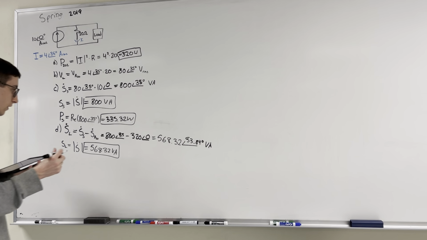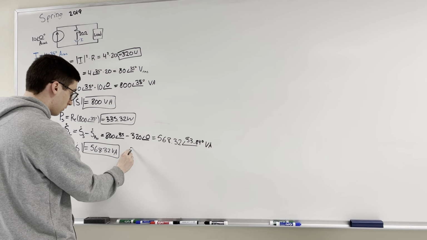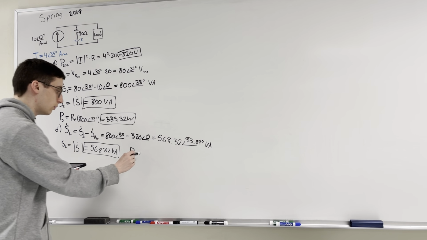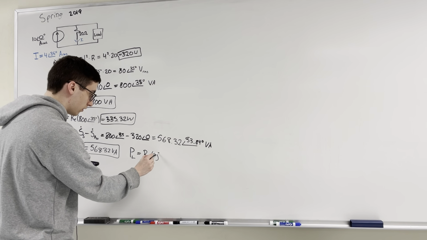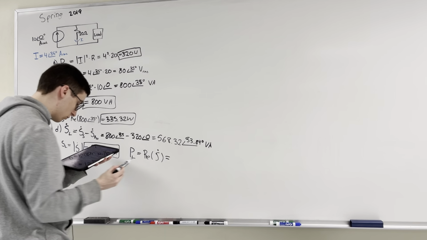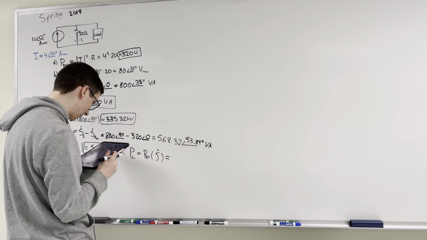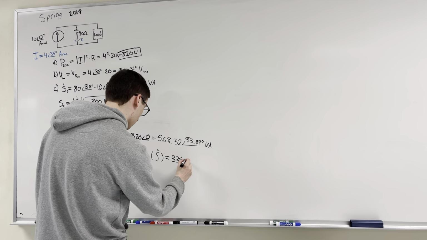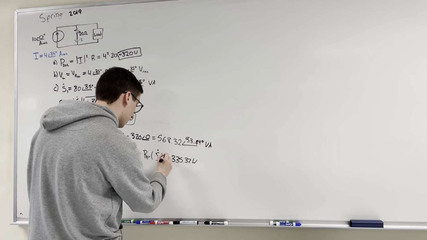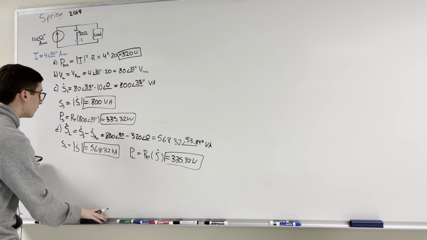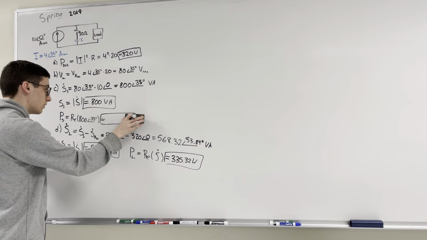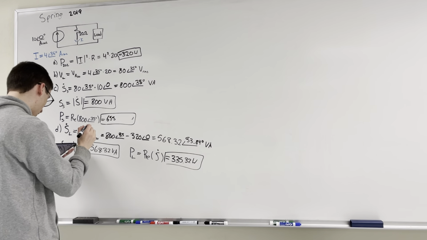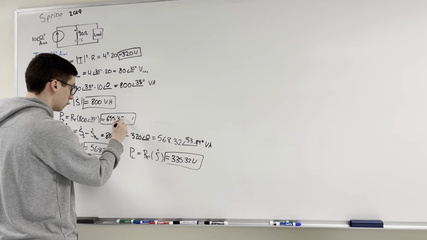And in order to find the active power of the load, it's going to be equal to the real part of the complex power, which is equal to 335.32. And I just noticed I was looking at the wrong value for our source power, and that's going to be equal to 655.32 watts.